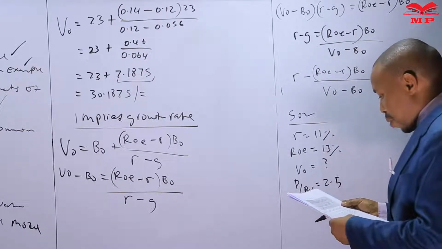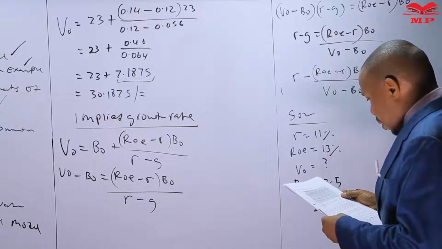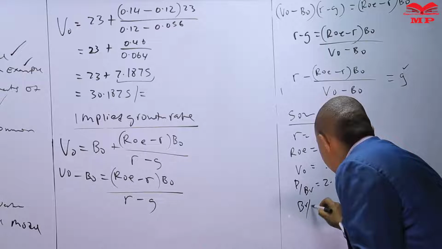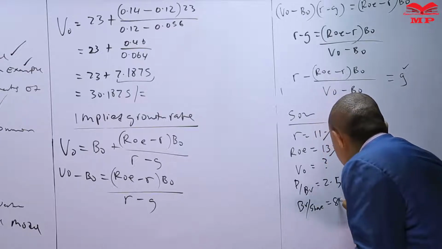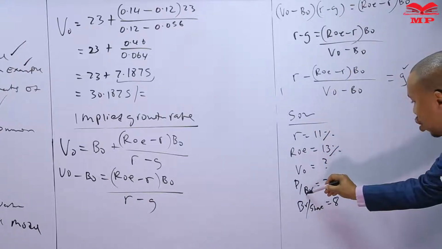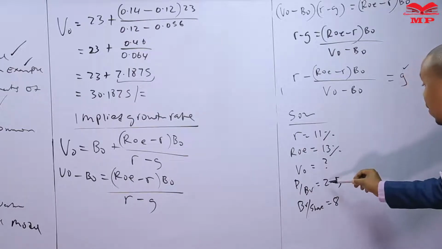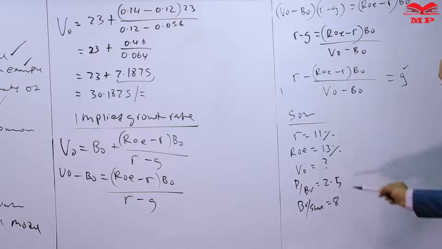Let's see if we have the book value. The current book value per share is 8. So we have the denominator in the price to book value ratio, and we have the price to book ratio as 2.5.